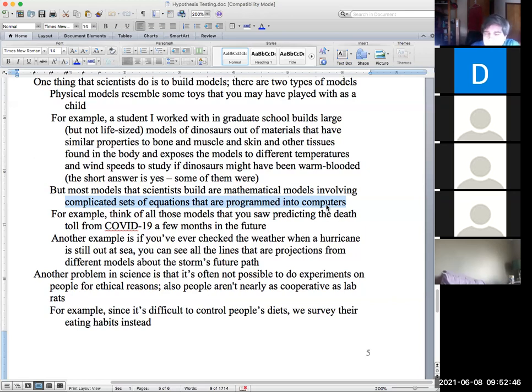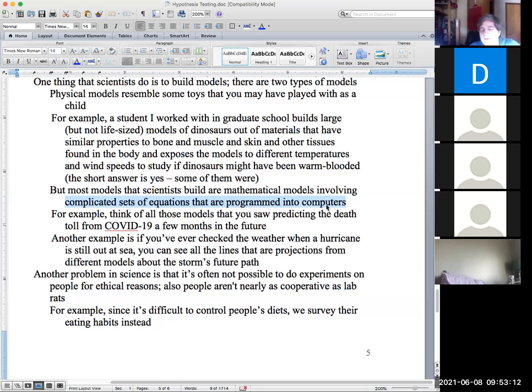Later in the summer, we'll see the same thing when hurricane season starts. If you've ever seen any of the weather predictions about where a hurricane's going to go, they usually show where the hurricane is now, and then they show you a bunch of lines. Some are further east, some are further west, some are kind of straight up.